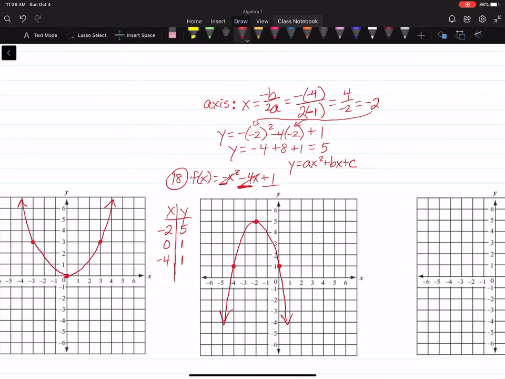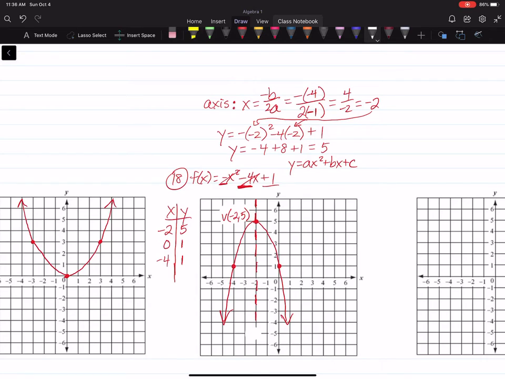Now we have to label the vertex and axis of symmetry. So my vertex, put it right here so you can see it. My vertex is negative 2, up 5. And my axis of symmetry would be right down the middle, right here.